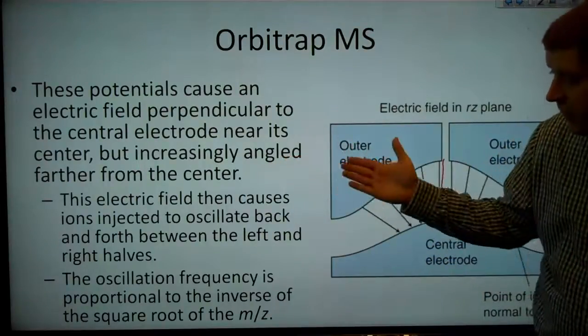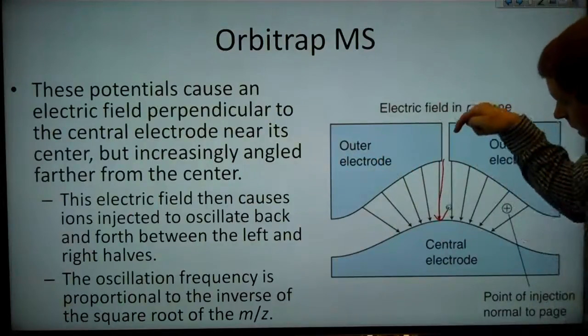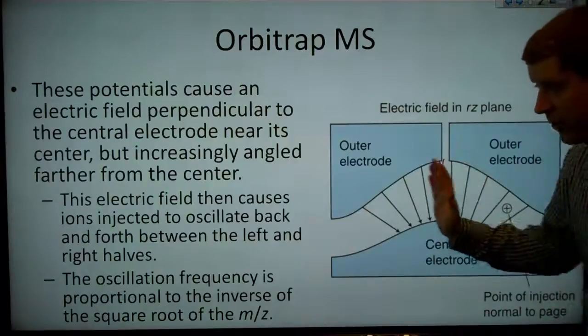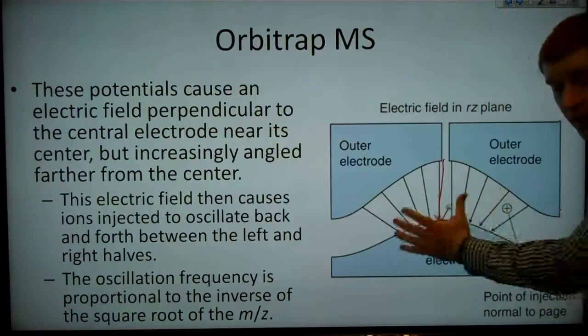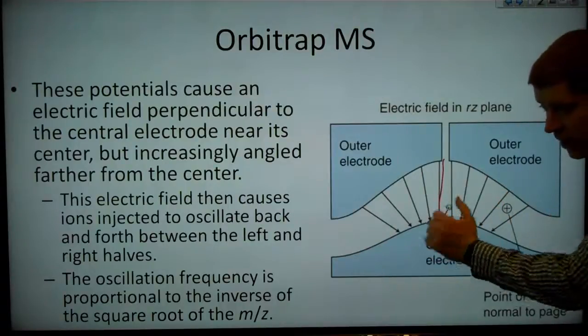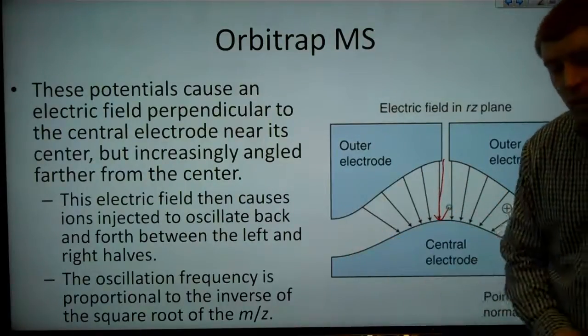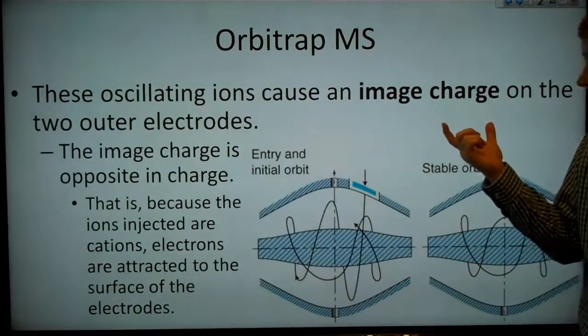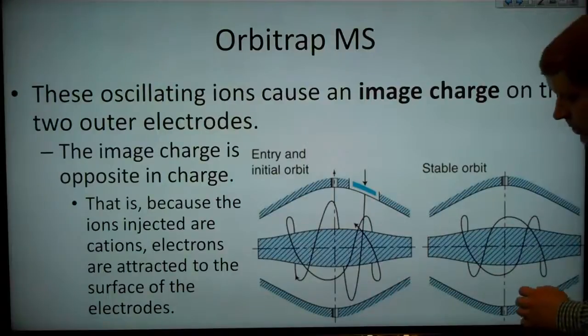So this electric field then causes our ions injected into the Orbitrap to oscillate back and forth between the left and right halves. And this oscillation frequency is proportional to the inverse of the square root of the mass to charge ratio. So these oscillating ions cause an image charge on the two outer electrodes.